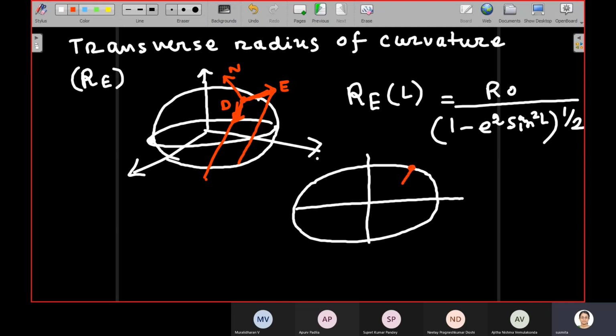Okay, and this is the local vertical. This is north. This is down. So just extend this local vertical or down axis further so that it intersects the minor axis of the ellipse. Okay, then this distance is RE.